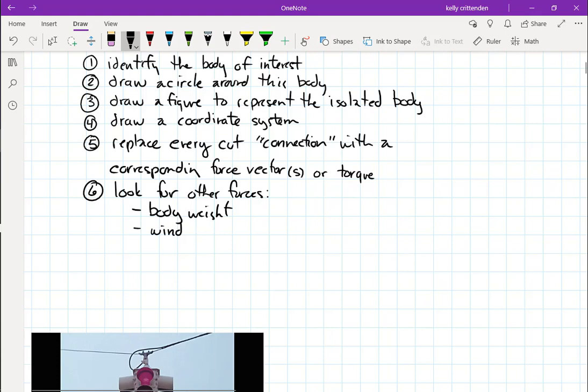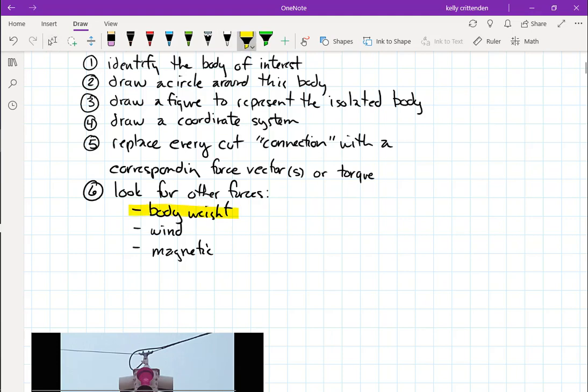In our class, I don't think we're ever going to deal with a wind load of any kind, but don't be negligent about thinking about them. Maybe there's an electromagnetic or magnetic force that's actually trying to move the thing around. Again, in this class, probably not going to happen, but body weight for sure is something you have to make a decision on.